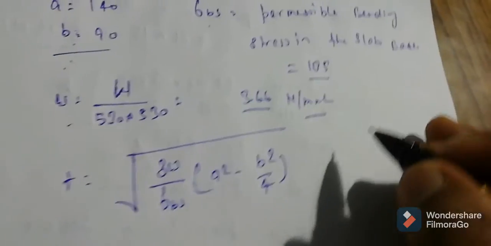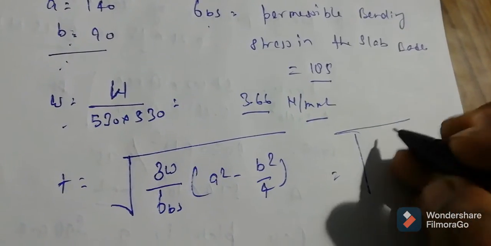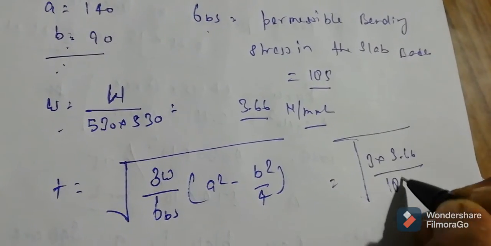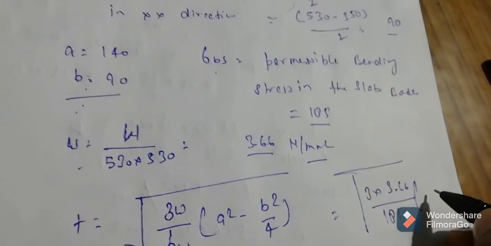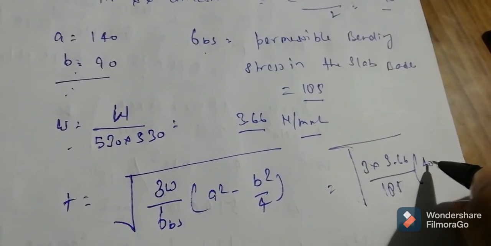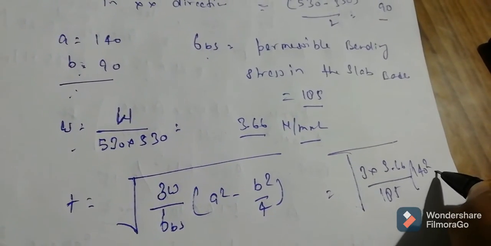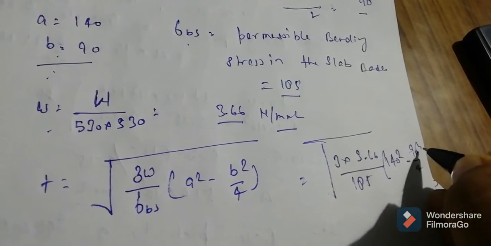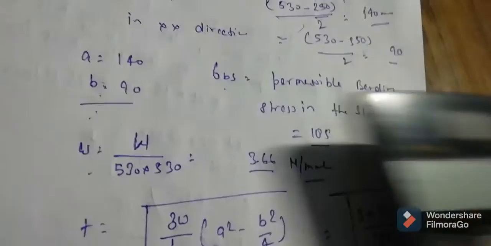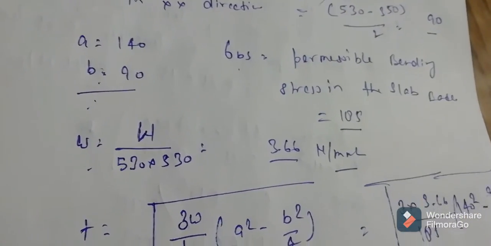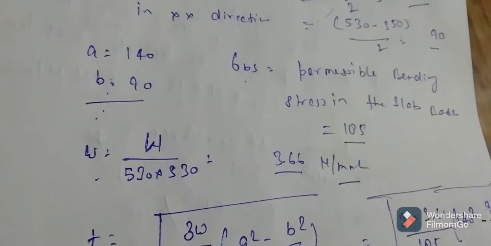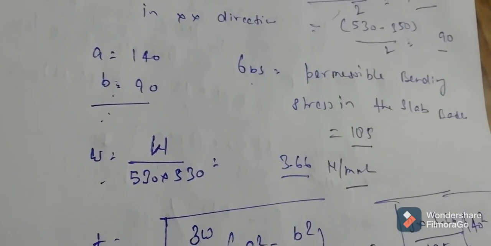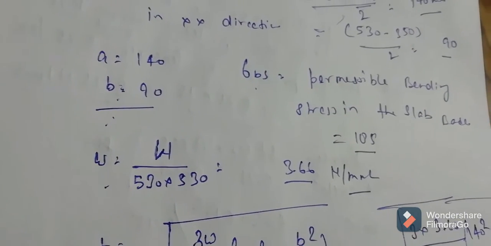So now put all the values: under root 3 into 3.66 upon sigma bs 185, times a that is 140 square minus b that is 90 square by 4. First solve 90 square by 4, which is 2025.